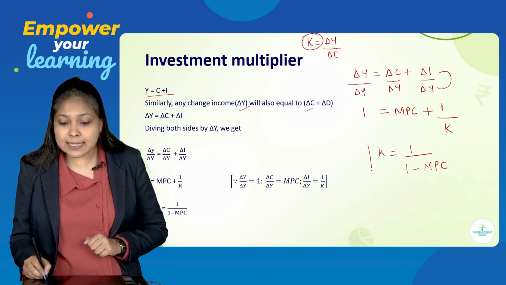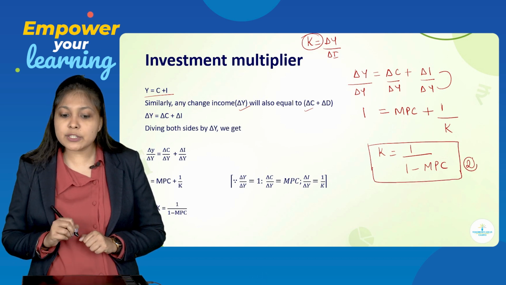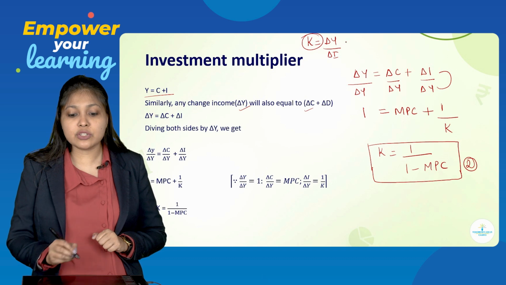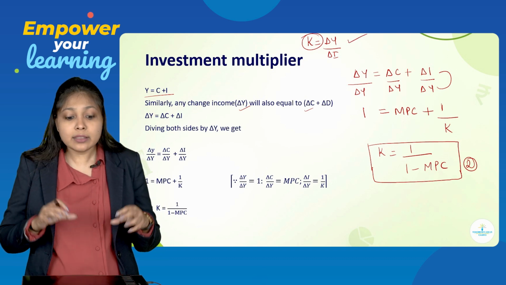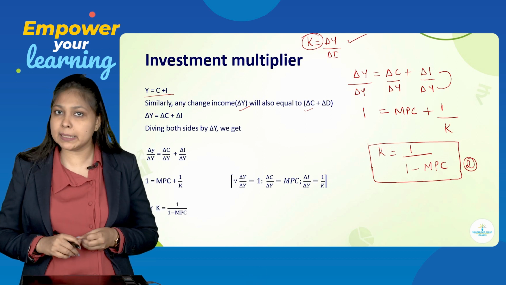This is the second formula of multiplier. The first formula we have already seen, that was change in Y upon change in I. This is how you derive the second formula of K or multiplier.